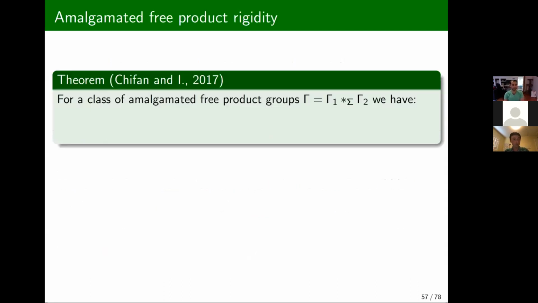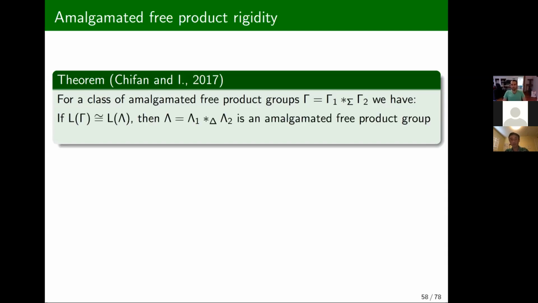So this is due to Kida and myself from 3 years ago. For a class of amalgamated free product groups, so gamma is an amalgam of gamma 1 with gamma 2 over a common subgroup sigma, we have the following. Well, if L of gamma is isomorphic to L of lambda for any group lambda, then lambda itself has to be an amalgamated free product.